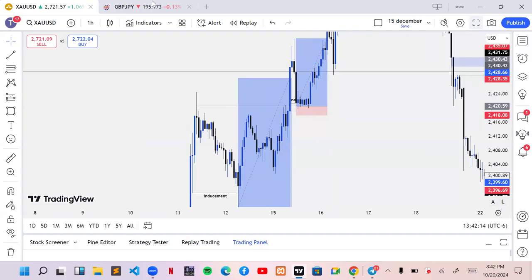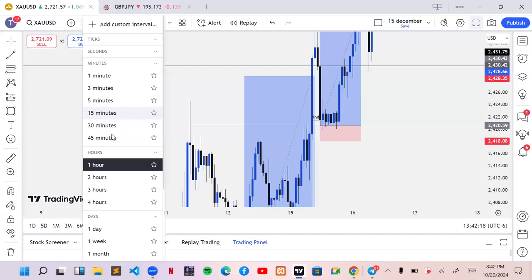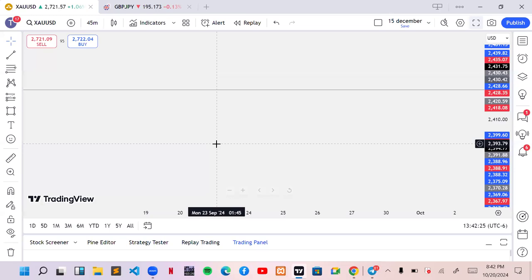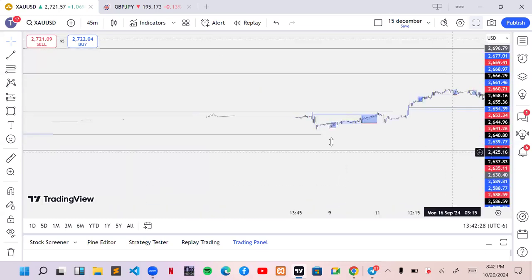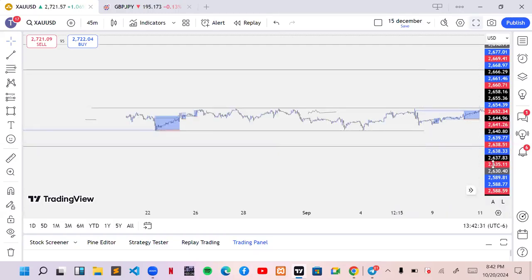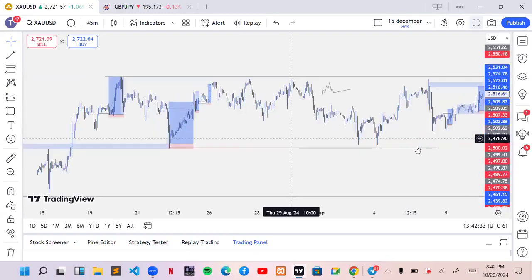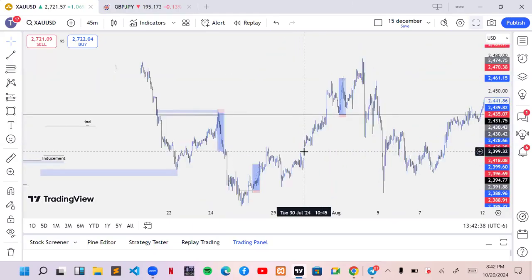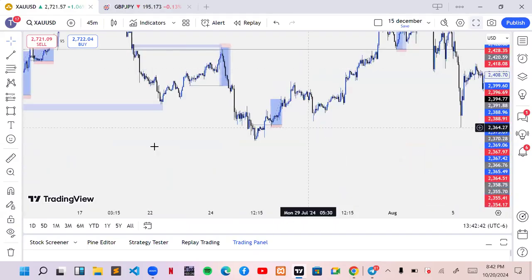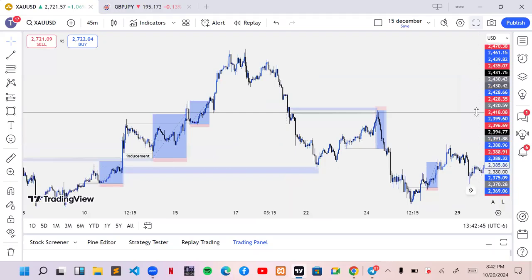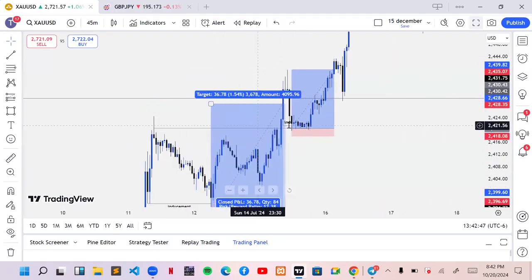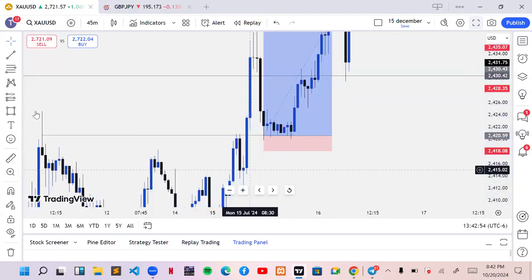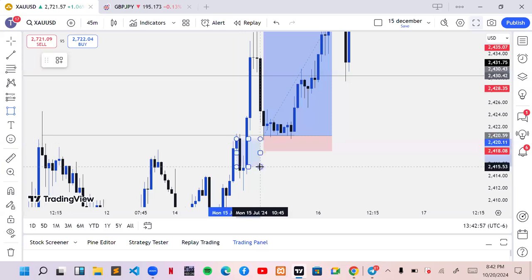Same as this trade. I think this one was on the 45 minutes time frame that I got it. This is an order block right here for taking sells in the market.